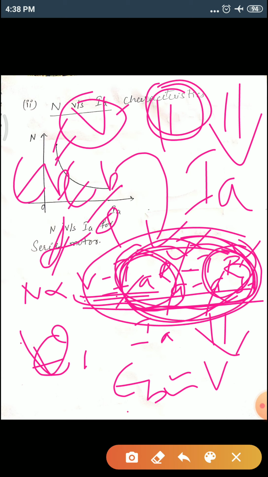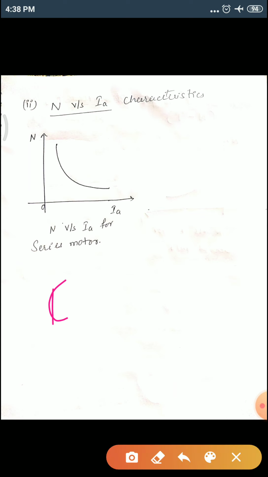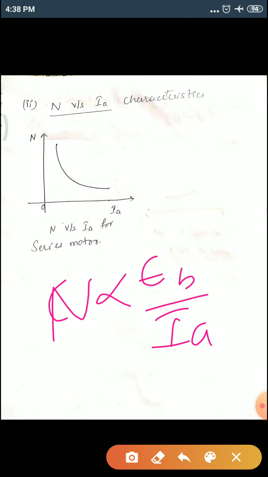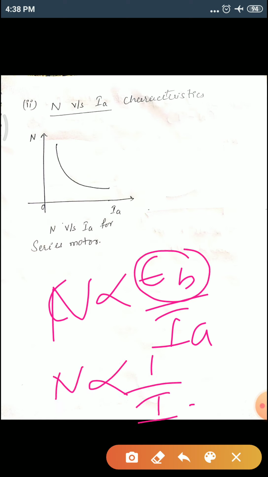Once you have assumed these two, you can say it is a constant. As we know, N is proportional to EB by IA. So EB is a constant term, then N is proportional to 1 by IA.